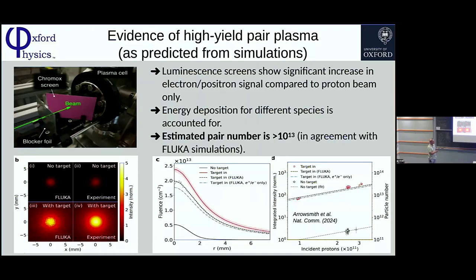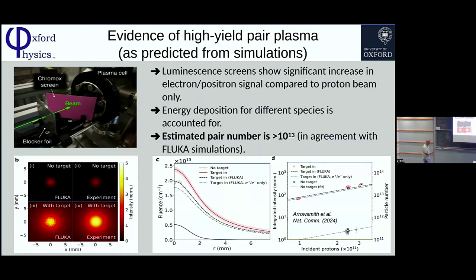So this is a very large number of pairs that we make. You heard the previous talks, 10^9, 10^10. Now we can make 10^13 pairs in a single shot. And the number we have is in very good agreement with the prediction from those Monte Carlo codes.